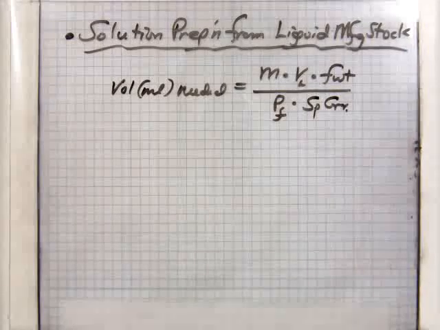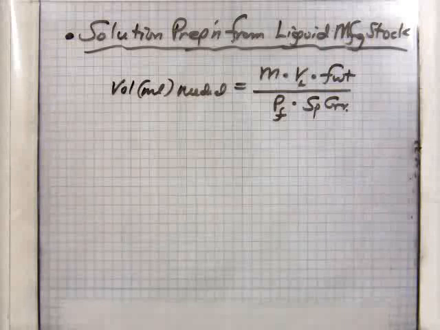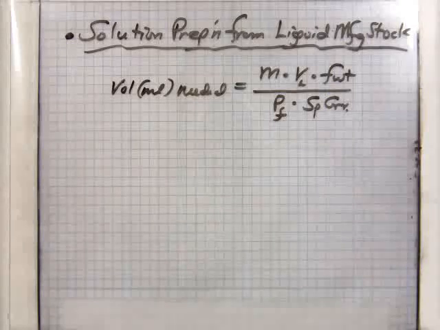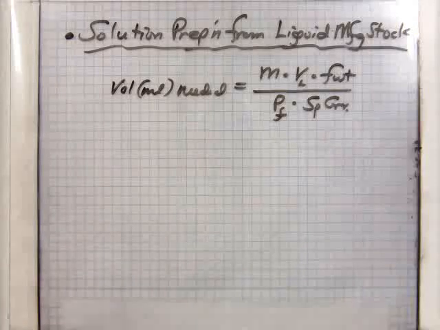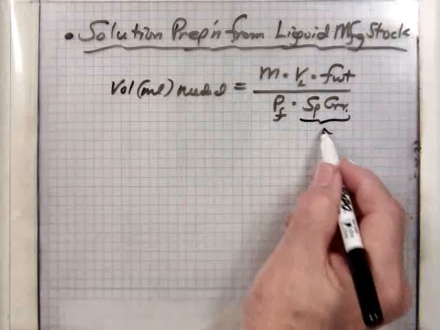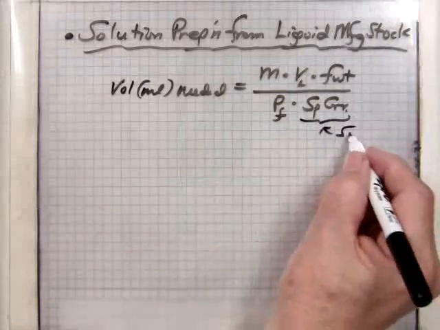Now, everything we use in our work is in water. If it's not in water, you'd have to use the specific gravity numbers, the density relative to water anyway. But density of the stock liquid equals the specific gravity, grams per milliliter. So specific gravity is the same as density.